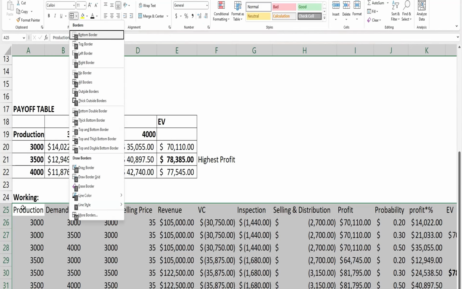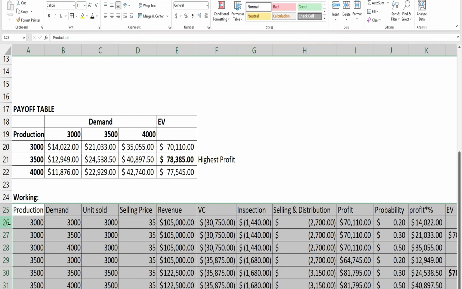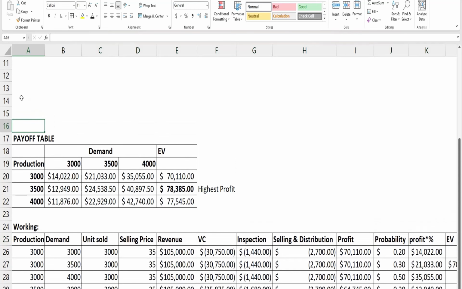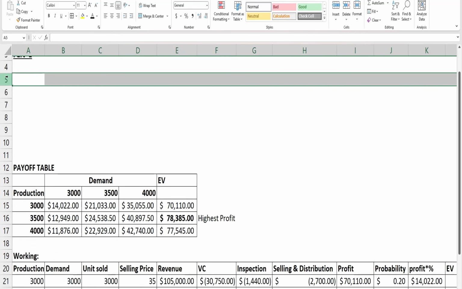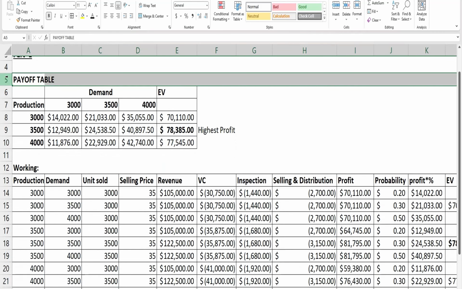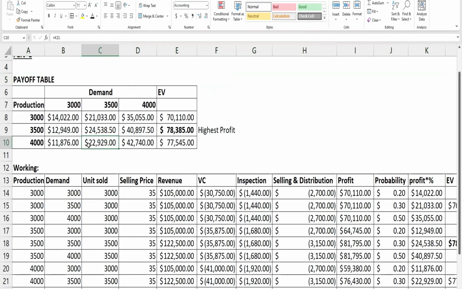Alt H B. Yes, this one is very good. And now we can shift the payoff table above. It's very good for the examiner to mark because your working is very clear and your presentation is very clear.